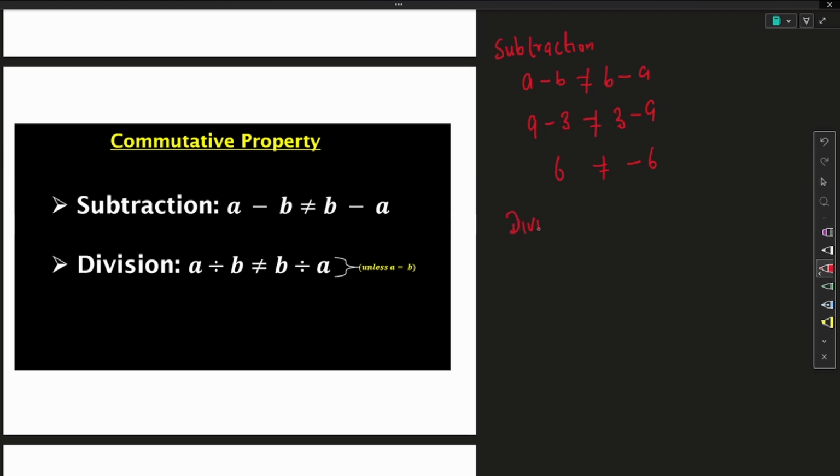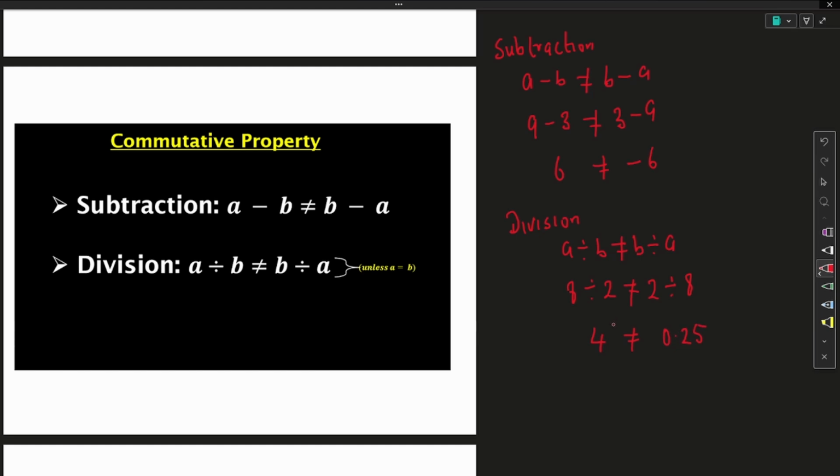For division, A divided by B is not equal to B divided by A, except when A is equal to B. Example, for division, if our A is 8, 8 divided by 2 is not equal to 2 divided by 8, because 8 divided by 2 is 4 and 2 divided by 8 is 0.25.